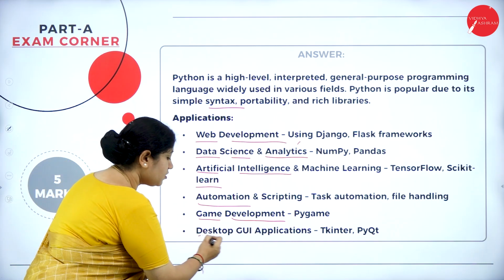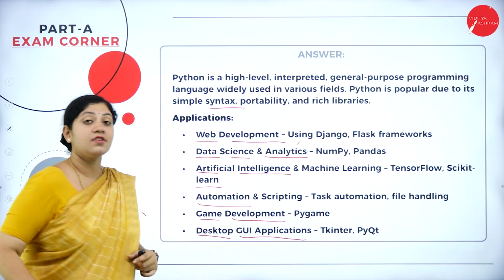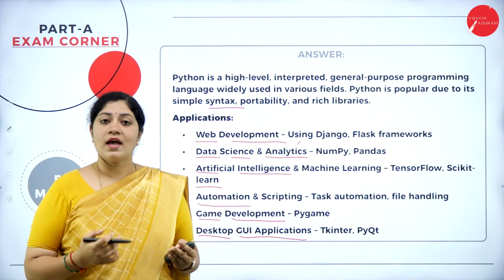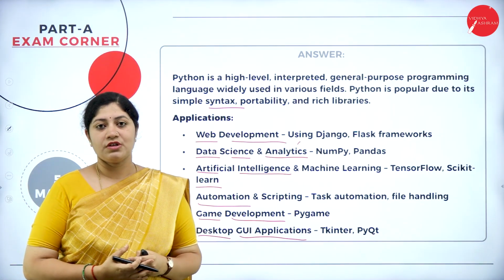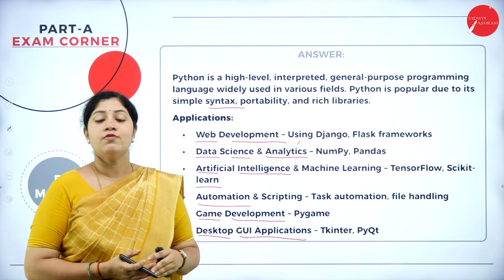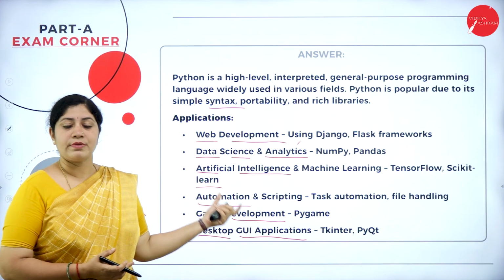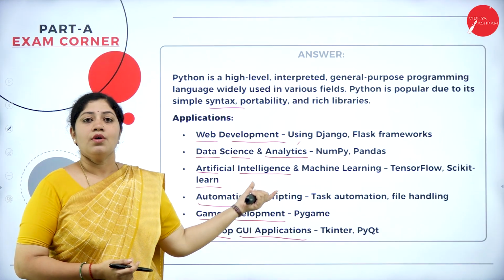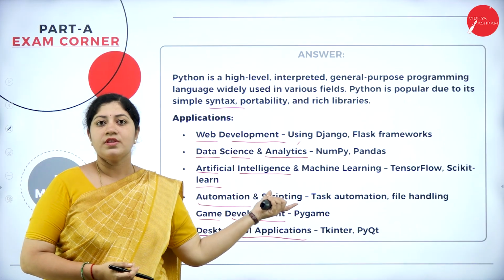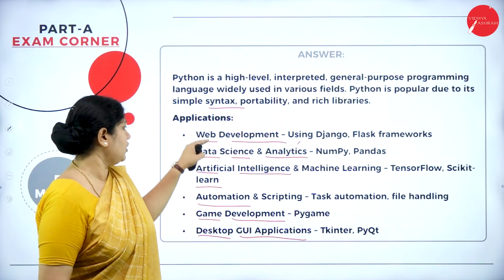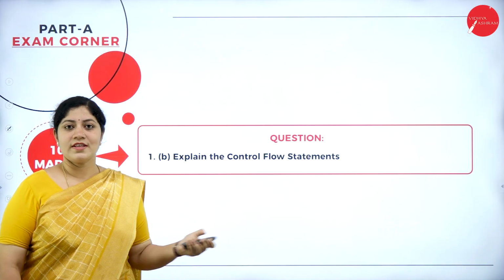Up next, it is also used in desktop as well as GUI applications. So for this, we will go with the Tkinter as well as PyQt libraries. So these are the various applications which we have considered in a brief way here. So with respect to marks, if this is also asked for 8 marks, you can extend the explanation for each of these points. All right, let's go with the next question.